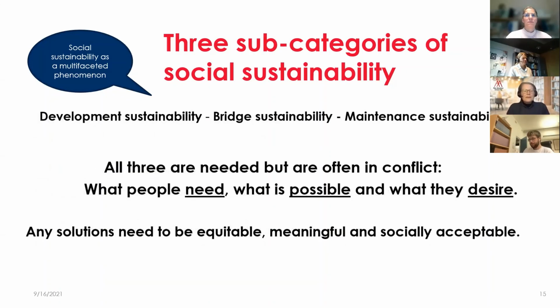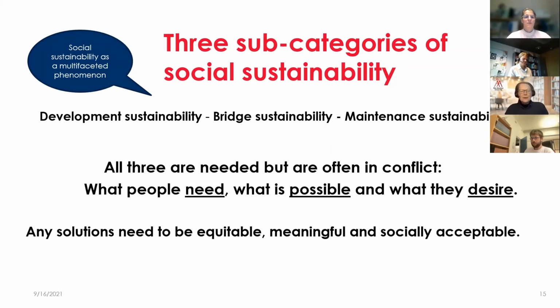All three of these are needed, but they are often in conflict, because the first one deals with what people need, the second one deals with what is possible, and the third one with what people want or desire.